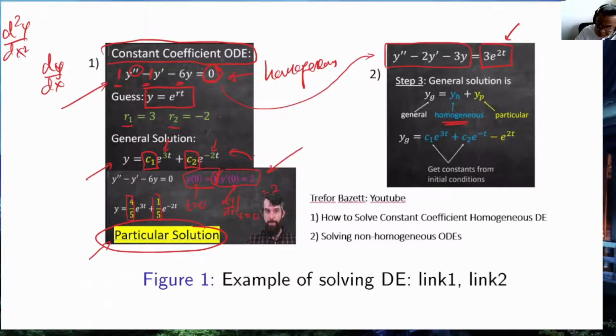This is typically the driving function, and we call this solution the particular solution as well. So this expression is found with this information, where this blue part is found when we have a homogeneous solution. Okay, so there are a few terminologies going on. You have to remember them.